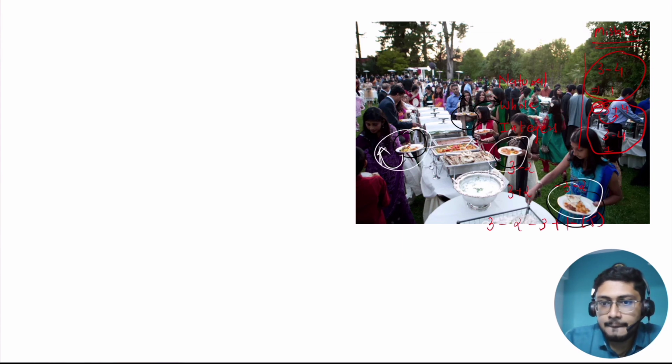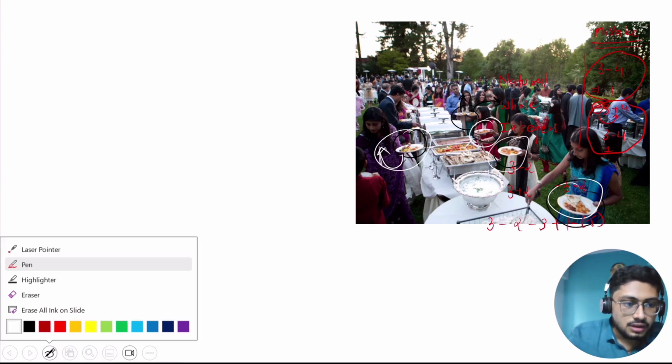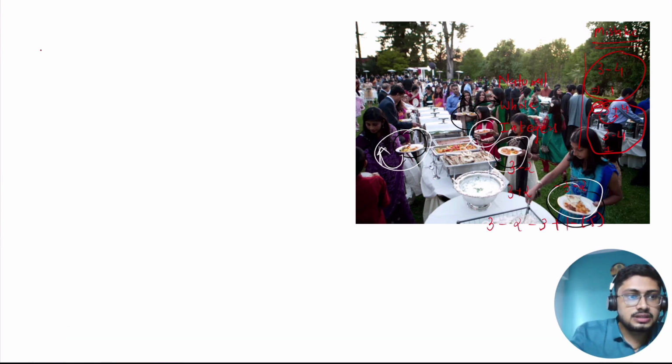Along with that, all these dishes are in front of the person. No one is standing with the dish behind, not like that, in front of the person. So now understand this concept. What is this concept?